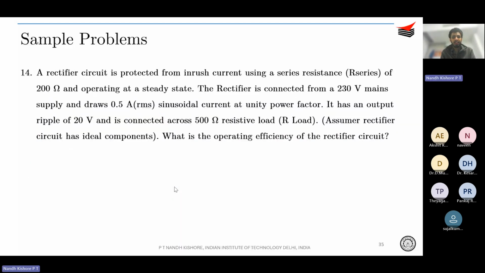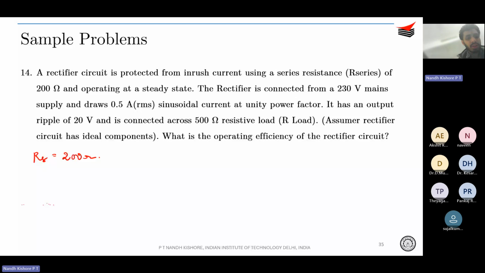A rectifier circuit is protected from inrush current using a series resistance of 200 ohms, operates at a steady state. So what they have given is again a resistor based question. Your RS is 200 ohms. The rectifier is connected from 230 volt supply, draws 0.5 amperes sinusoidal current at unity power factor.